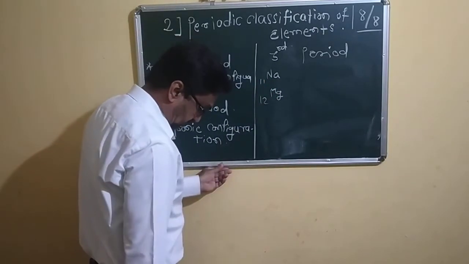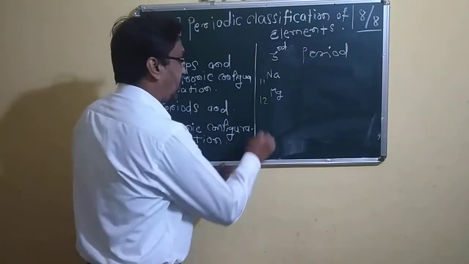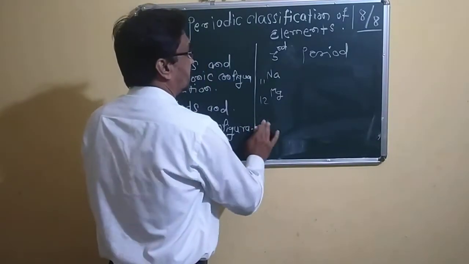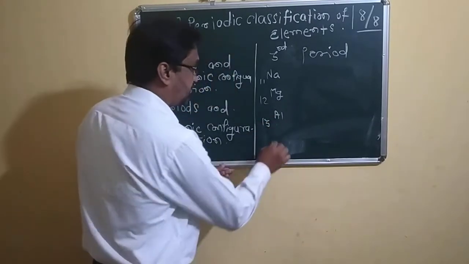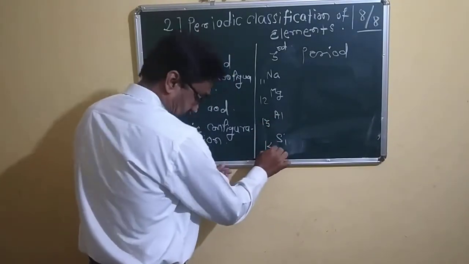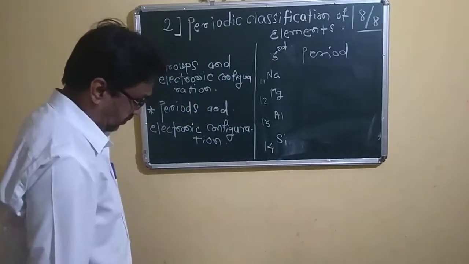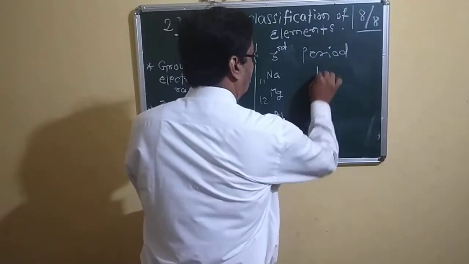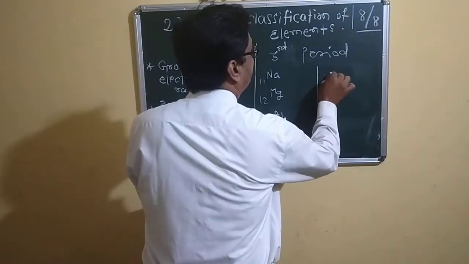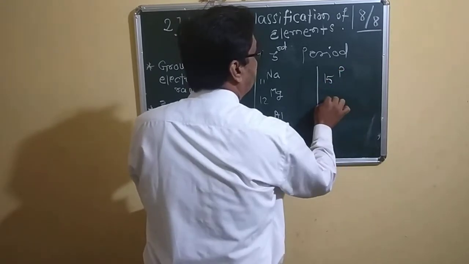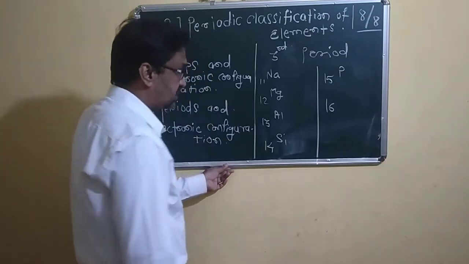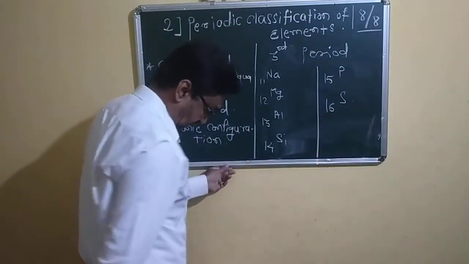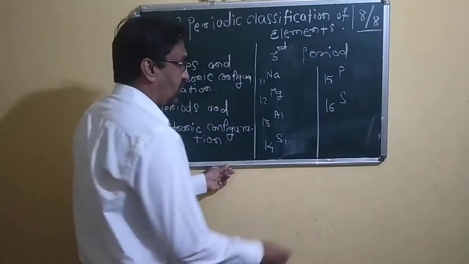After that, aluminum, 13. Silicon, 14. Phosphorus, 15. Sulfur, 16. Chlorine, 17.